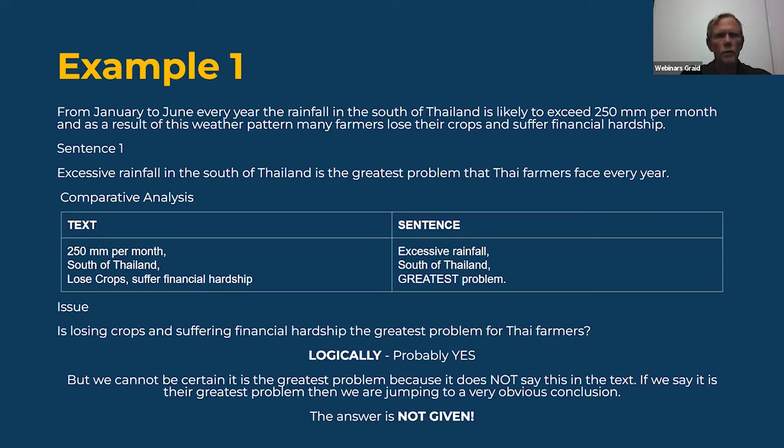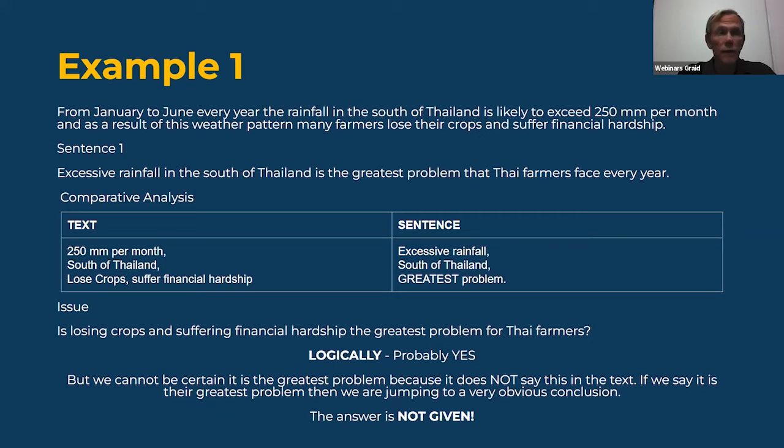Now, the question is, is losing crops and suffering financial hardship the greatest problem for Thai farmers? Well, logically, probably the answer is yes. It would be a very, very serious problem. However, we cannot be certain that it's the greatest problem because it doesn't say so in the text.